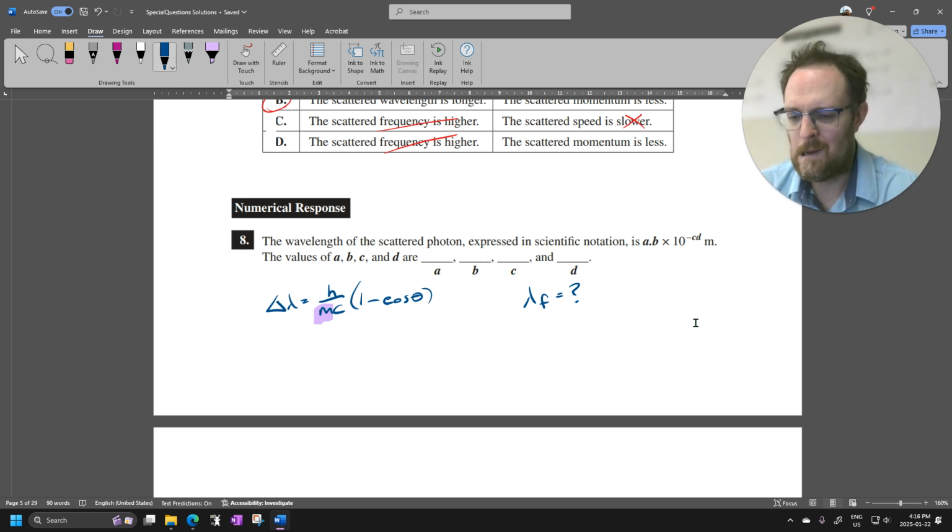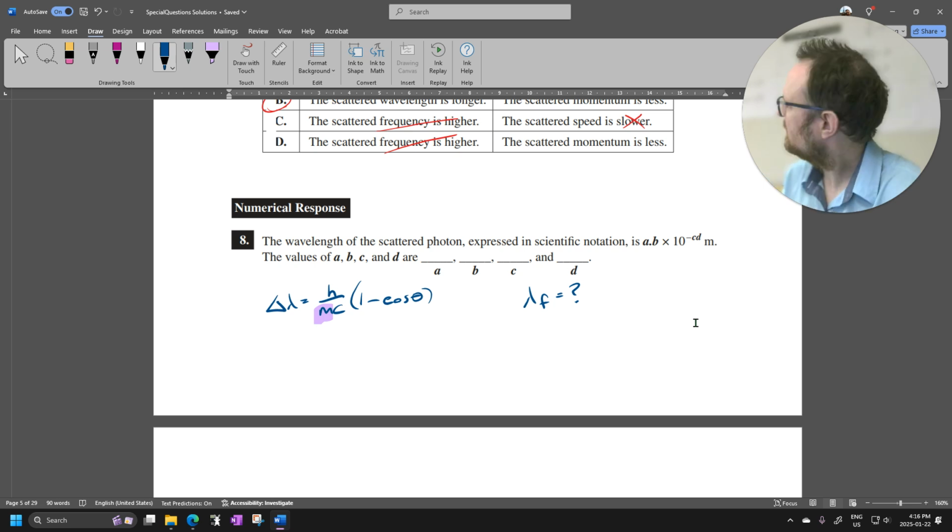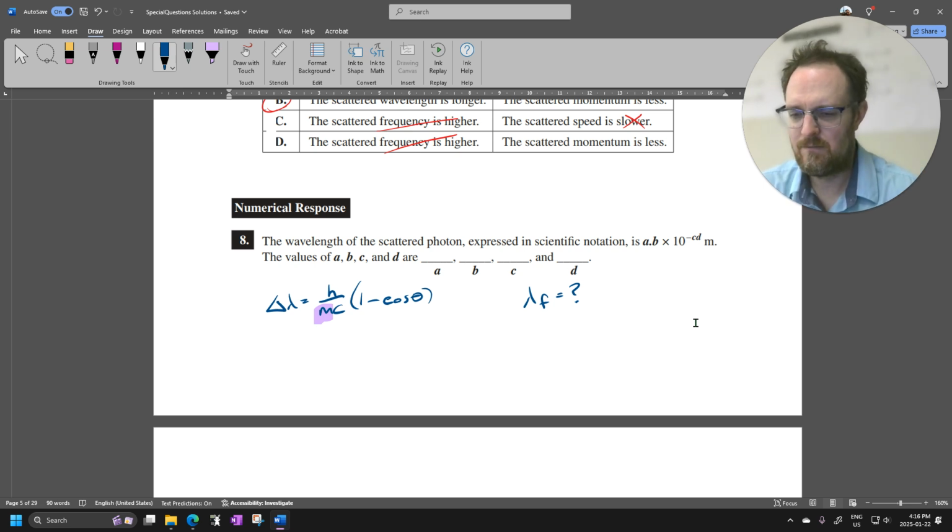Let me do that again. Maybe I put a plus by accident in my calculator. Divided by 9.11 times 10 to the negative 31 times the speed of light times 1 minus cos 133. There we go, got a positive number this time. You can't get a negative change. Remember, the wavelength will always go up, so this should always be a positive number.